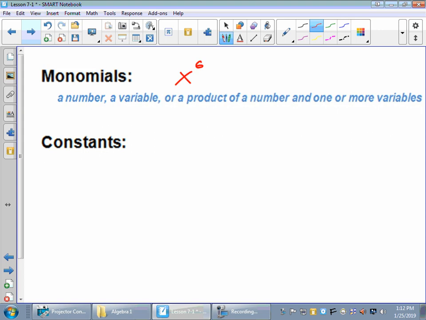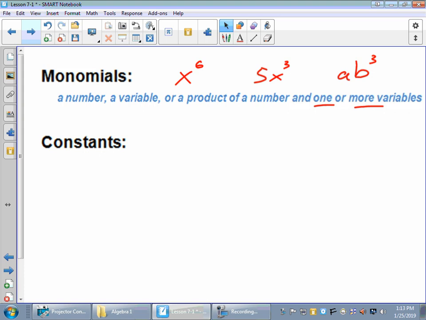You got a variable and a power there. 5x cubed, we've got a product, we've got a number, and we've got a variable. So that would be a product. And sometimes we get one or more variables, so we could have a, b cubed, a times b to the 3rd power. That would also be a monomial. We got products there. Okay, no addition, no subtraction, no division, just multiplication there.